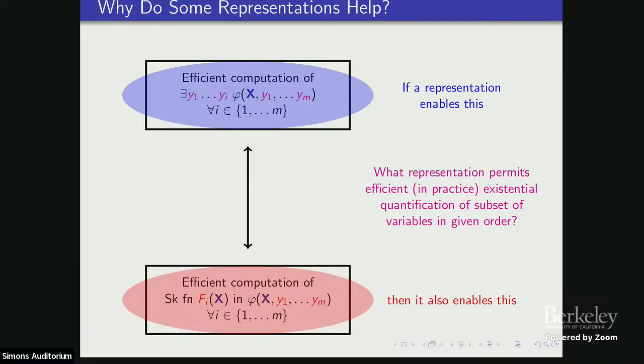But remember the lower bounds that we talked about. Even if we find such a representation, we know that compiling to this representation will be inefficient in the worst case, because there are at least conditional lower bounds. So trying to find a representation for efficient synthesis is kind of equivalent to trying to find a representation for efficient quantification, and vice versa.